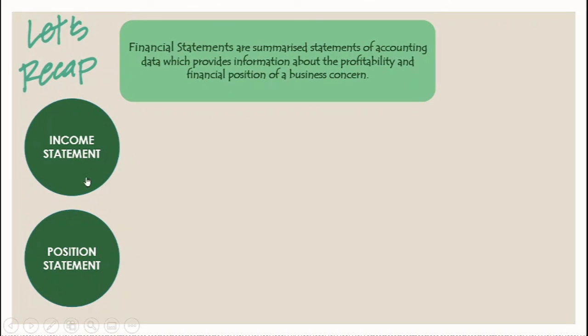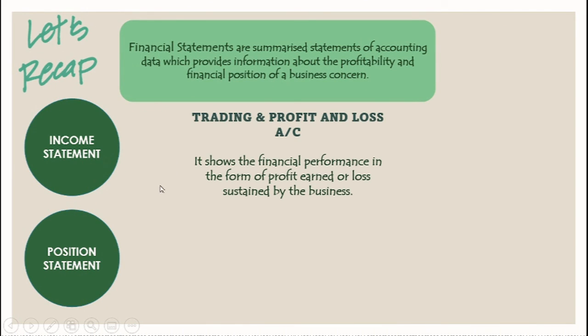The income statement shows the profitability of the business, and in the income statement we prepare the trading profit and loss account, which shows the financial performance, the profit earned or loss suffered.